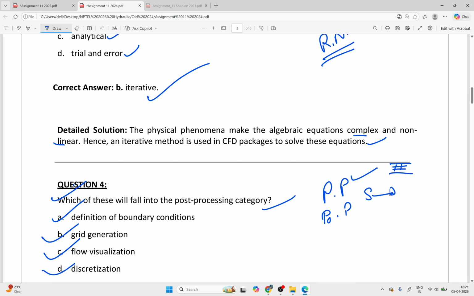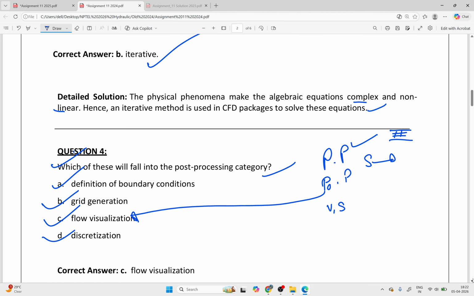Then you run the simulation, run the code. After running the code, you will get some data and you try to visualize. This is known as your post-processing. Visualize means you will try to see the velocity in all three dimensions, and the shear stress and vorticities and other fluid parameters, pressure also sometimes.